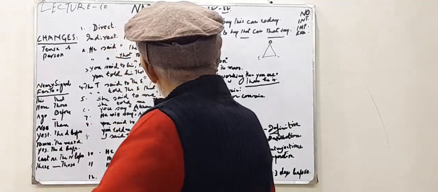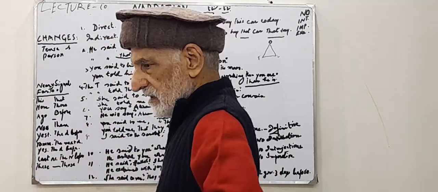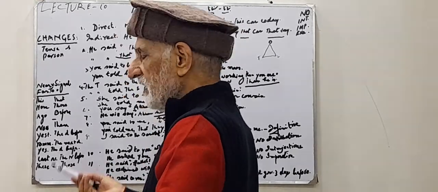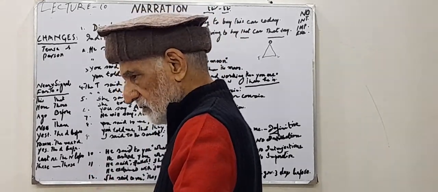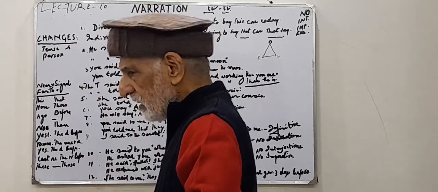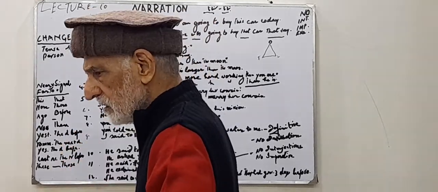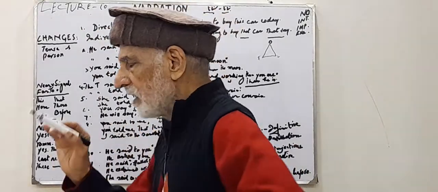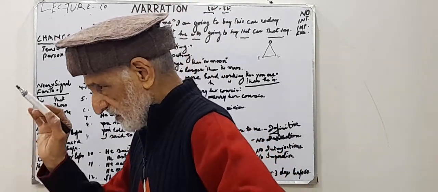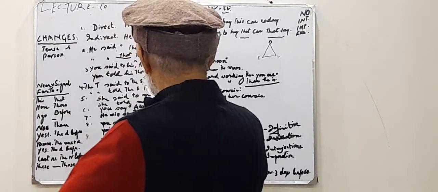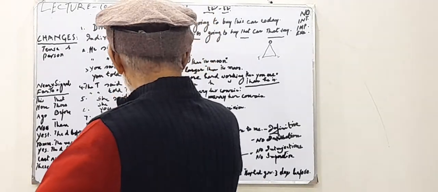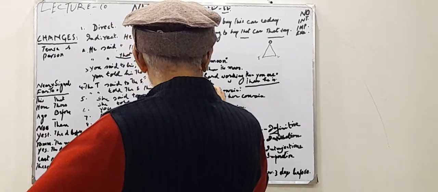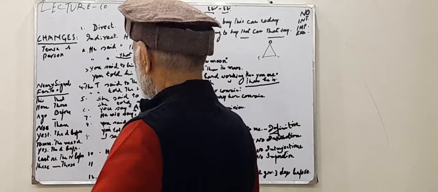And the rule is that when there is a universal truth, moral, legal, geographical, then you are not to change its word. Here, he told him that the sun is larger than the moon.